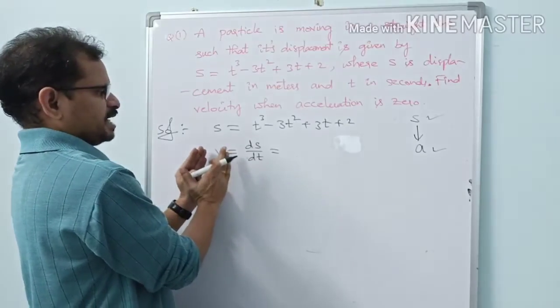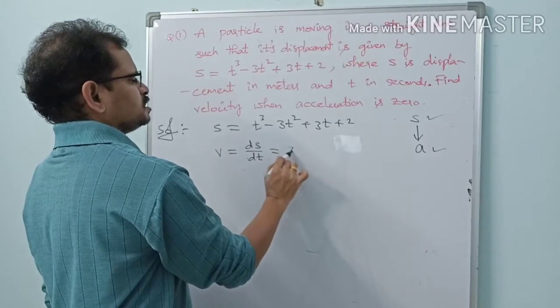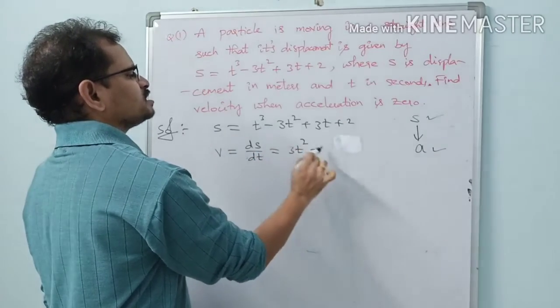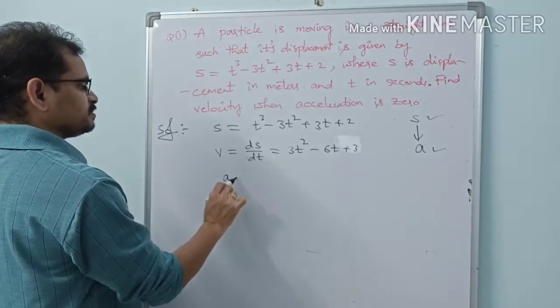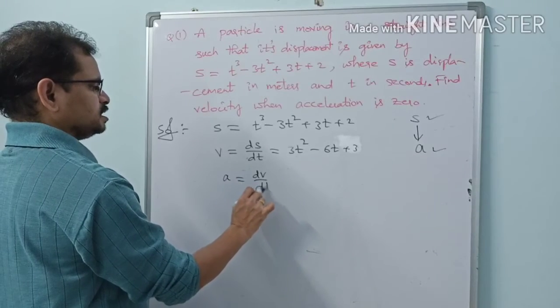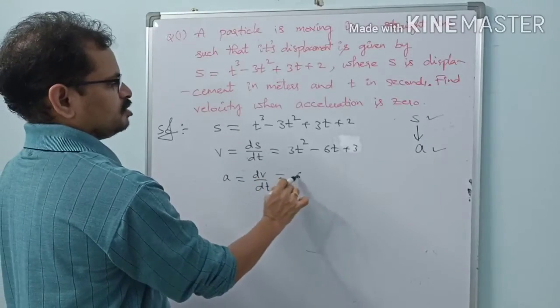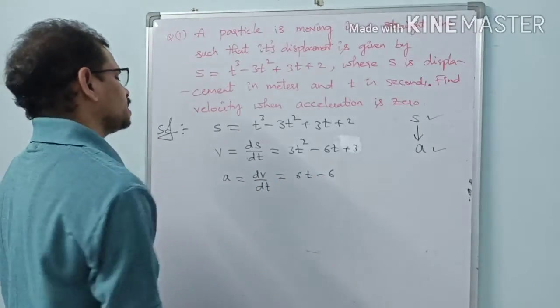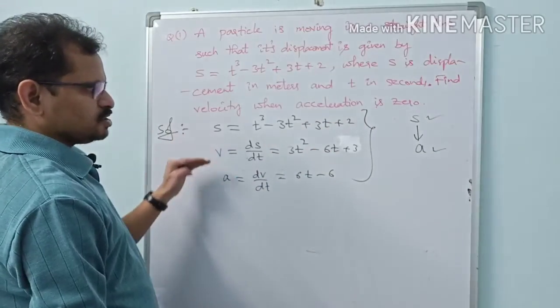First let us find the expression for velocity. v equal to ds by dt, so this is 3t square minus 6t plus 3. And let us find the expression for acceleration. What is acceleration? a equal to dv by dt. Since velocity is a function of time here, we use a equal to dv by dt. So this is equal to 6t minus 6. Okay, we got this. We are ready with these three expressions here: displacement, velocity and acceleration.